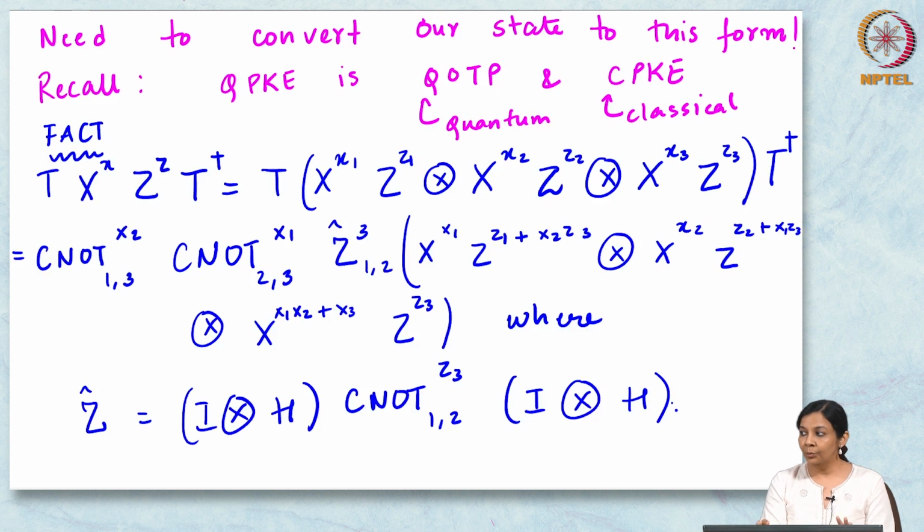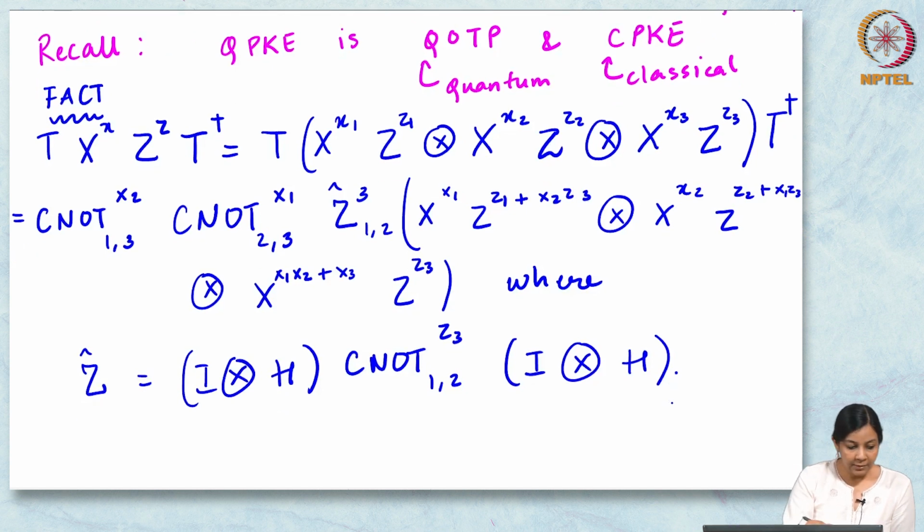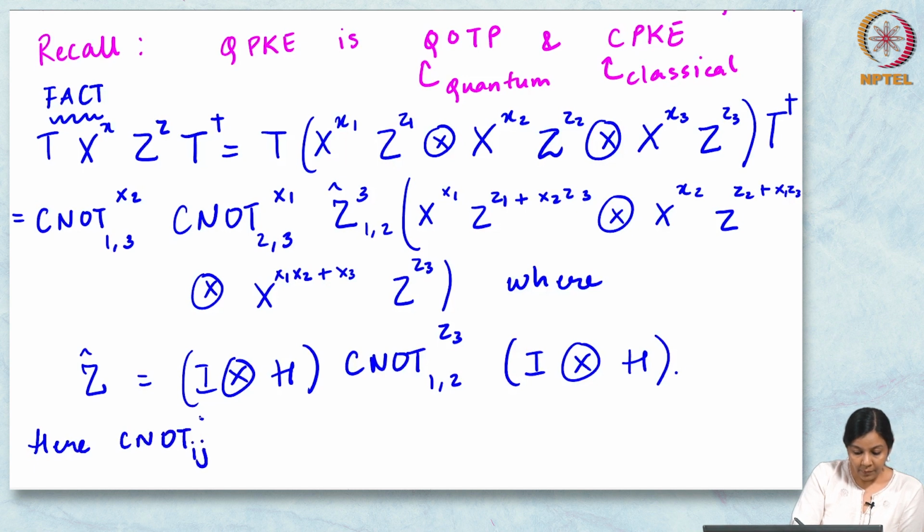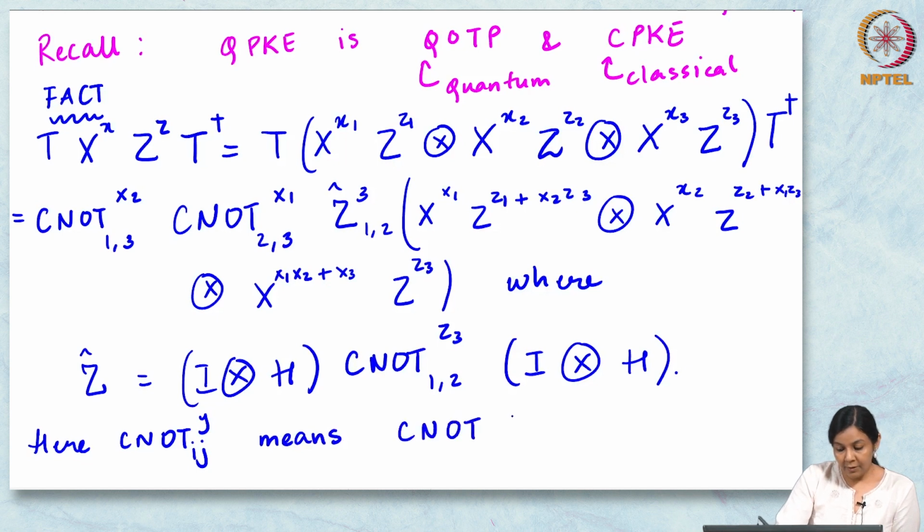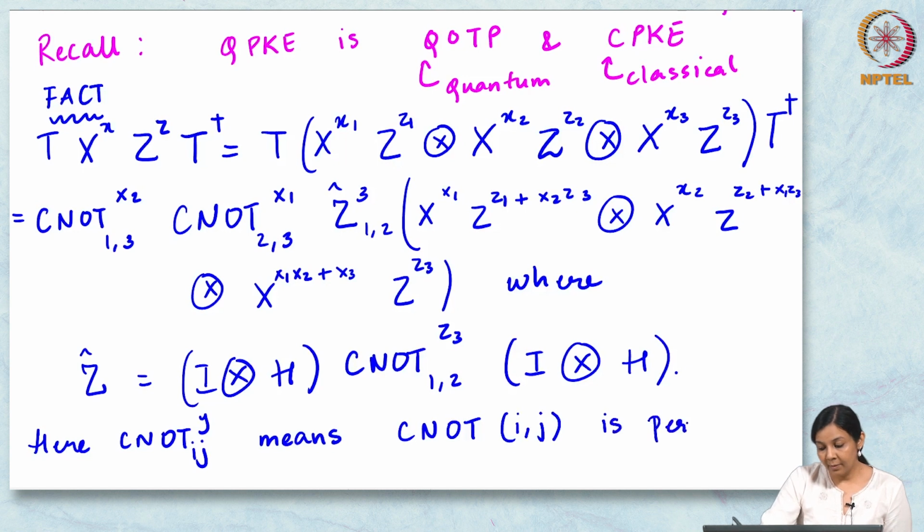Okay, you could verify that this is correct. So, also let me just write that here: C naught I j y means that C naught I j is performed if y is 1.